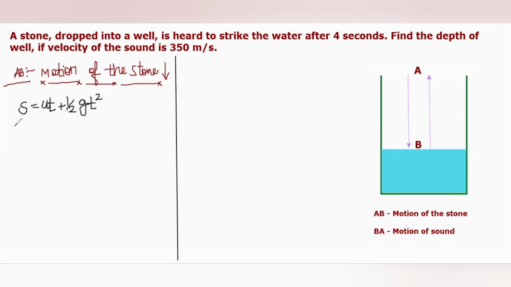Here t is the time taken by the stone from the dropping point A to the striking point B. At the dropping point A, it is freely dropped into the well, and hence its initial velocity u will be 0.